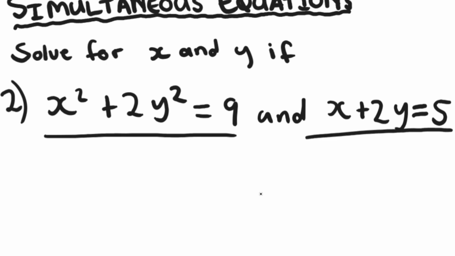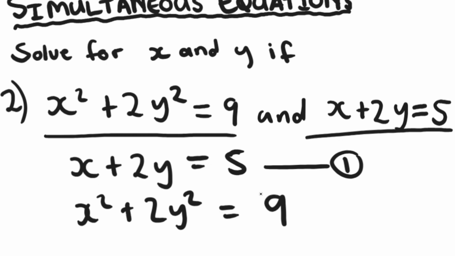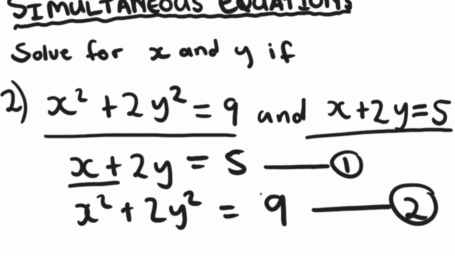So we're going to indicate which one is our equation 1 and which one is our equation 2, then we can proceed from there. We say x plus 2y equals 5 is equation 1, and then you have x squared plus 2y squared equal to 9. This you name your equation 2. From here you target x to the power of 1, and you want to make that one the subject of the formula.